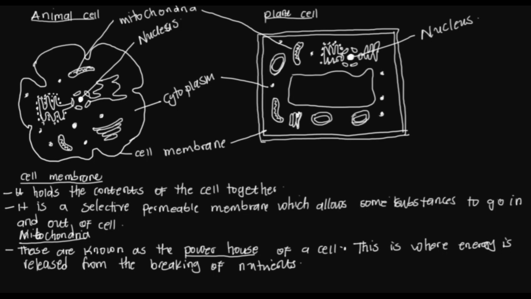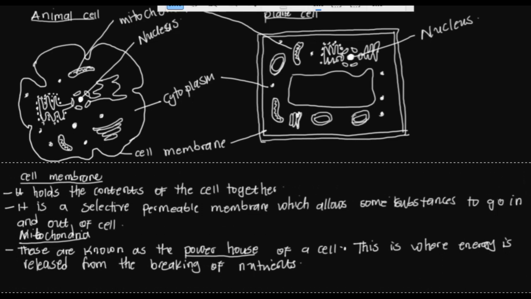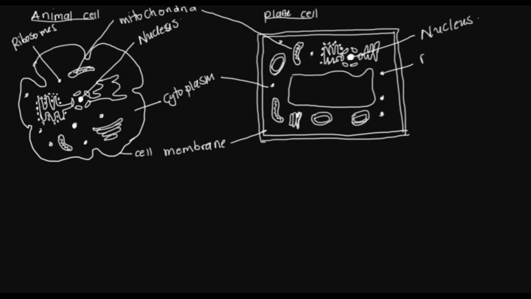Okay, so now let's see how we can move on. Okay, so from there, let's look at these shaded parts. These round shaded parts are known as ribosomes.